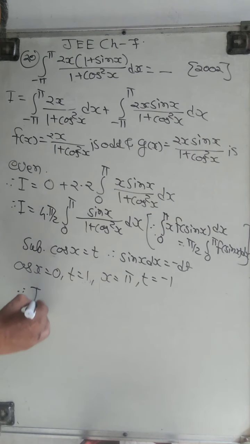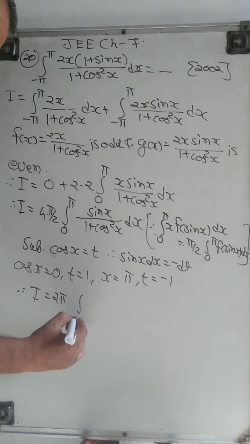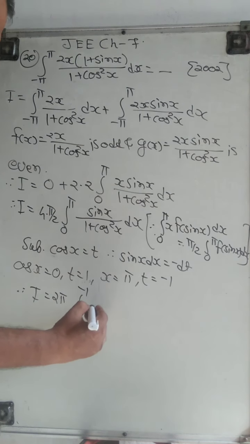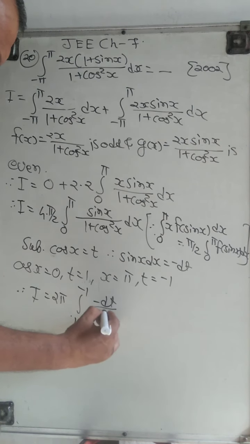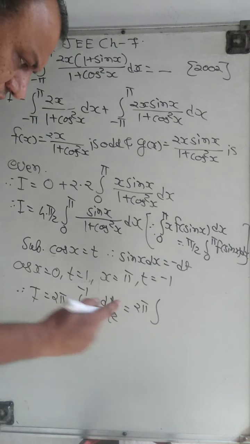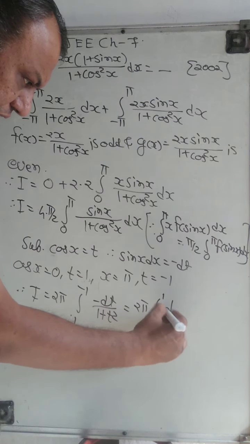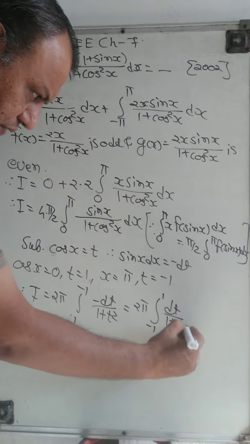So therefore I equal to 2 pi integration from 1 to minus 1 of minus dt upon 1 plus t square. We just change the limit and this sign becomes positive: minus 1 to 1 dt upon 1 plus t square.